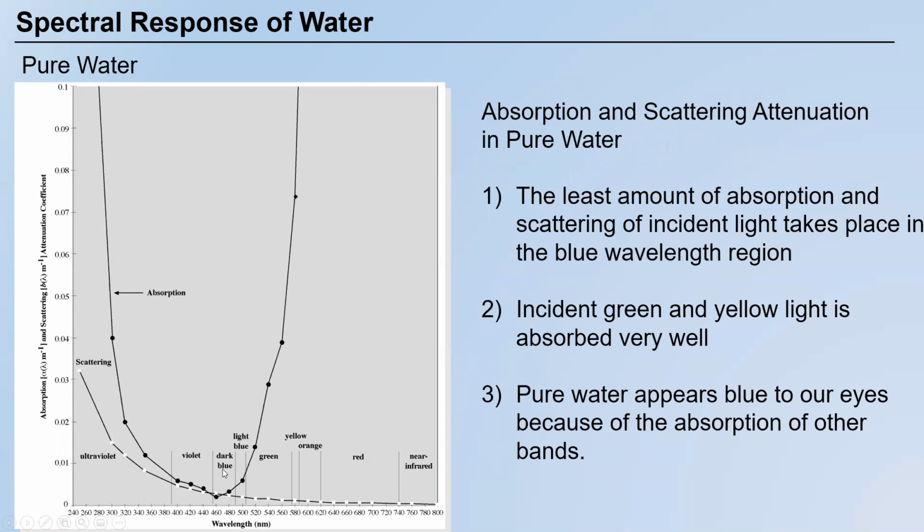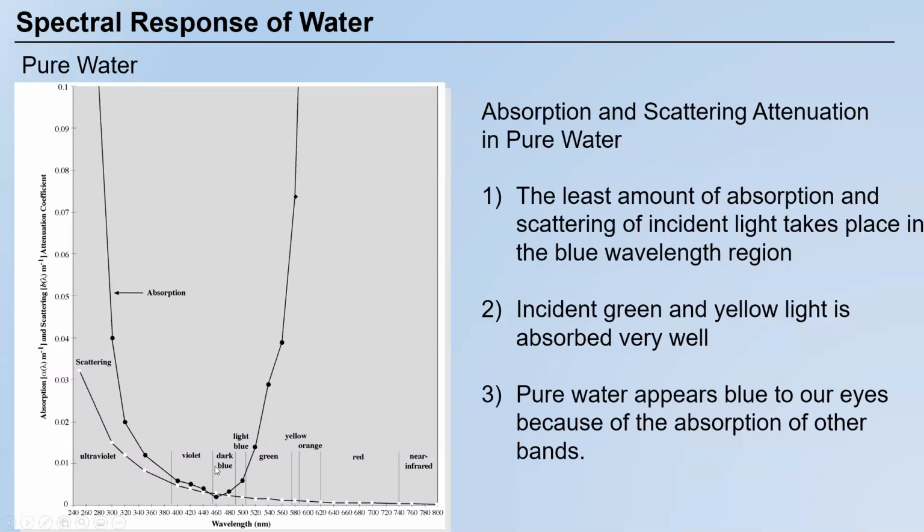The U curve here is for the absorption of water from 240, which is ultraviolet, to 800, which is near infrared. So you can see that within ultraviolet, the absorption of water is very strong. And as the wavelength increases, this absorption effect decreases very fast.